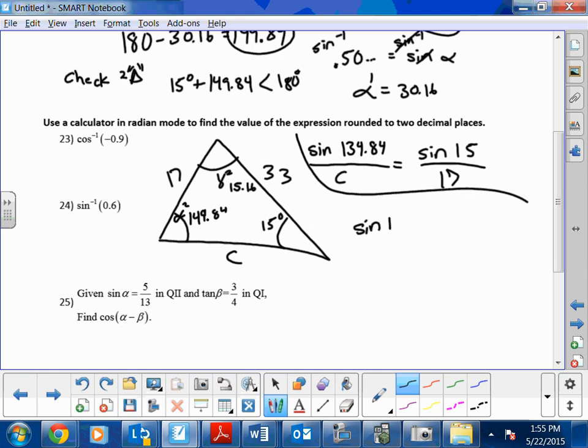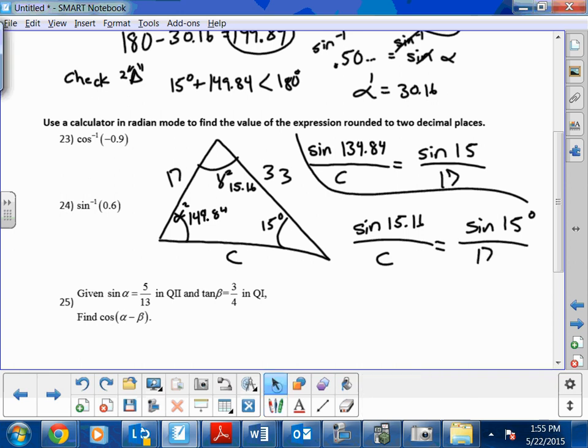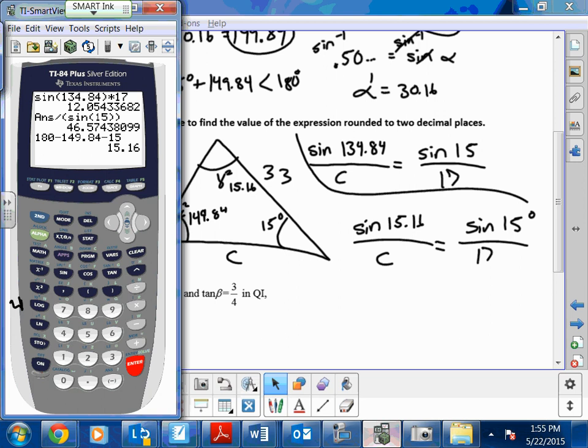Sine of 15.16 over C is equal to sine of 15 degrees over 17. Same thing, cross multiply and divide. So in this case, we're going to do sine of 15.16. Didn't do the point. The point is now done.